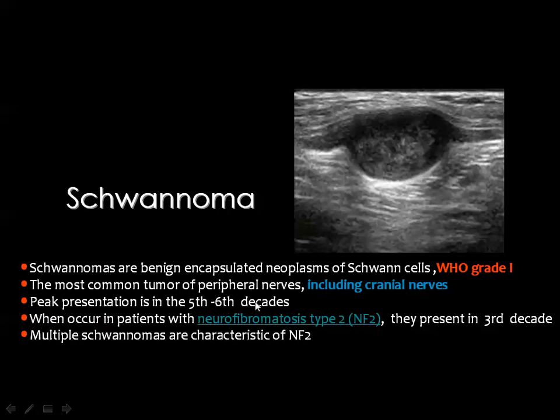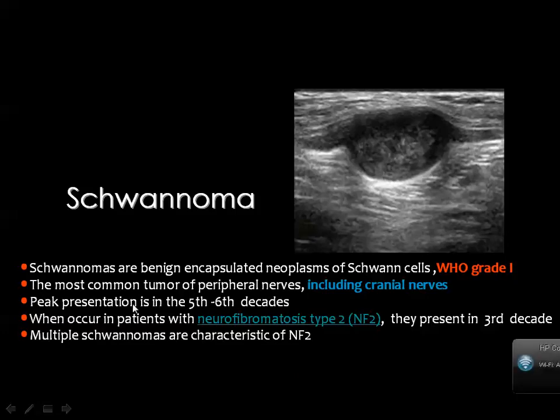And schwannomas are considered the benign lesions arising from the Schwann cells, and by WHO is considered a grade 1 tumor. This is the most common tumor of the peripheral nerves, as well as the cranial nerves. Neurofibroma does not arise usually from the cranial nerves.